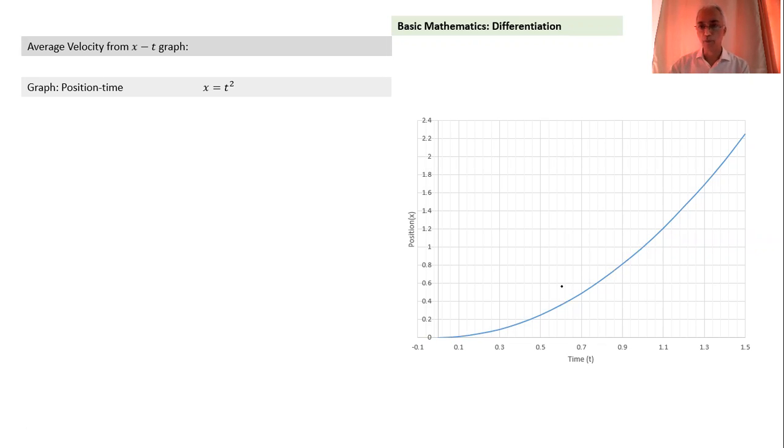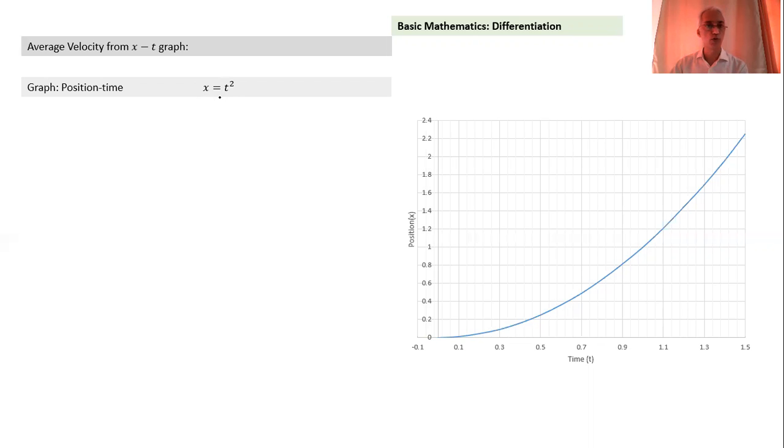Most graphs are drawn based on certain basic principles, on some mathematical expression, something like this. So this graph is drawn based on this mathematical expression, x is equal to t square. So t is plotted on the x-axis and x is on the y-axis. For every value of the quantity on the x-axis, we can find the quantity on the y-axis.